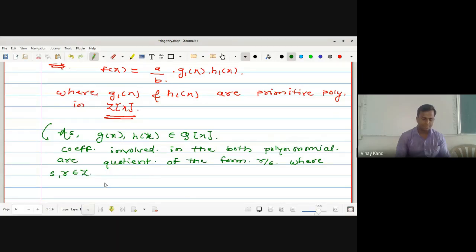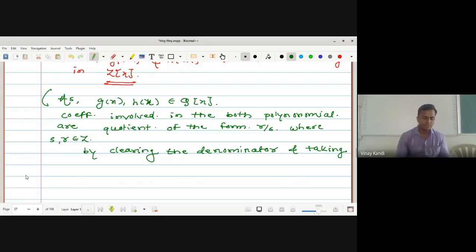Okay, so hence by clearing the denominator and taking the greatest common divisor, we get equation number 1.